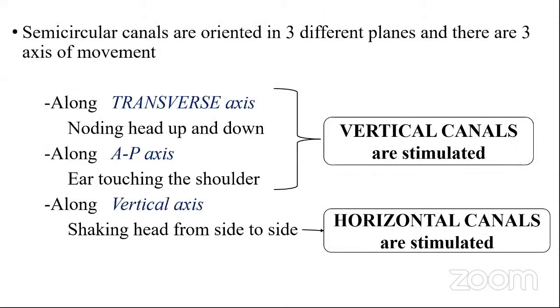The semicircular canals are oriented in three different planes and there are three axes of movement. Along the transverse axis, there is nodding of the head up and down.